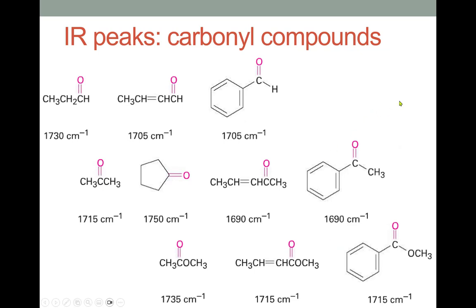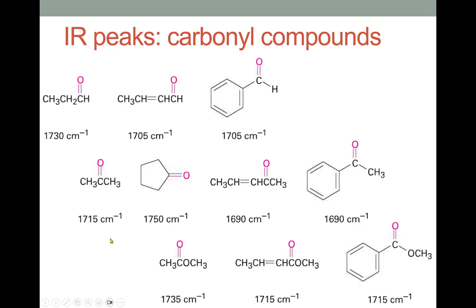Carbonyl groups, the C double bond O, show up in pretty much the same spot. If you wanted to be very general, you could say 1650 to 1750 as a family. But we can see there's a little bit of difference: aldehydes tend to show up around 1730 if they're all by themselves, and at a little bit lower number, closer to 1700, if they're resonance stabilized by a nearby double bond or by an aromatic ring.